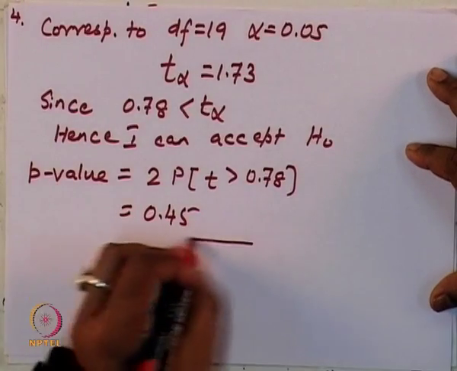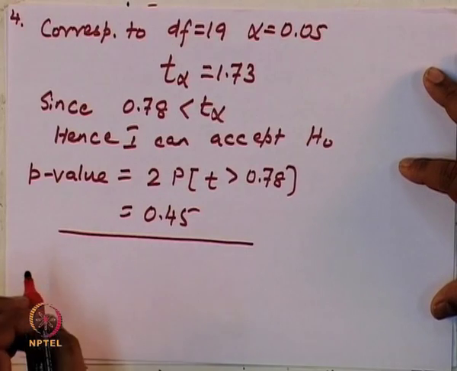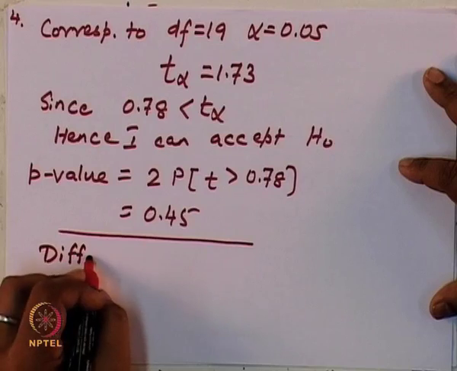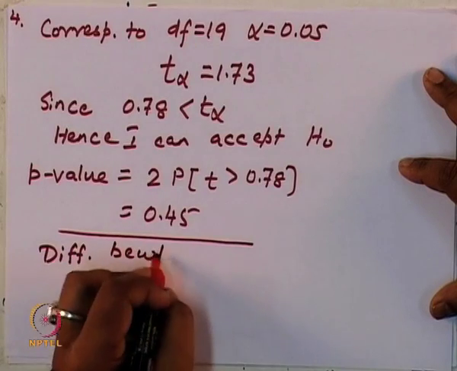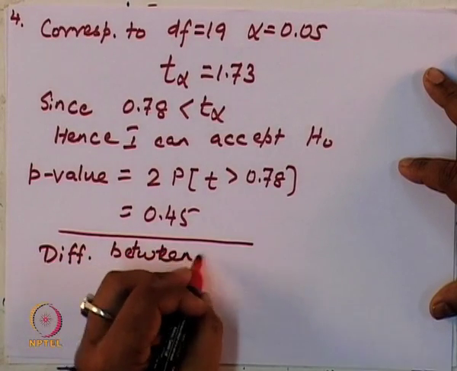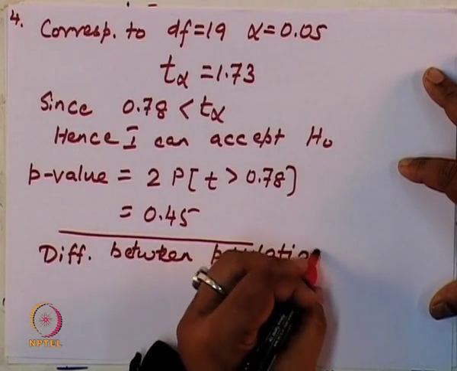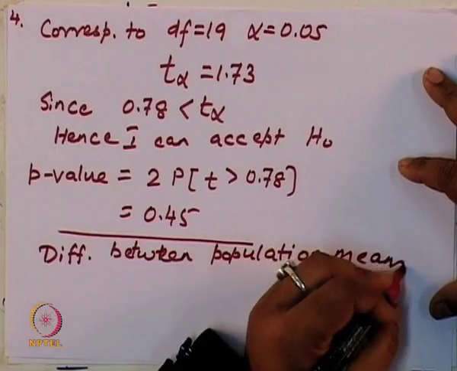So, using a t test, I can test the difference between population means. How do I do it?